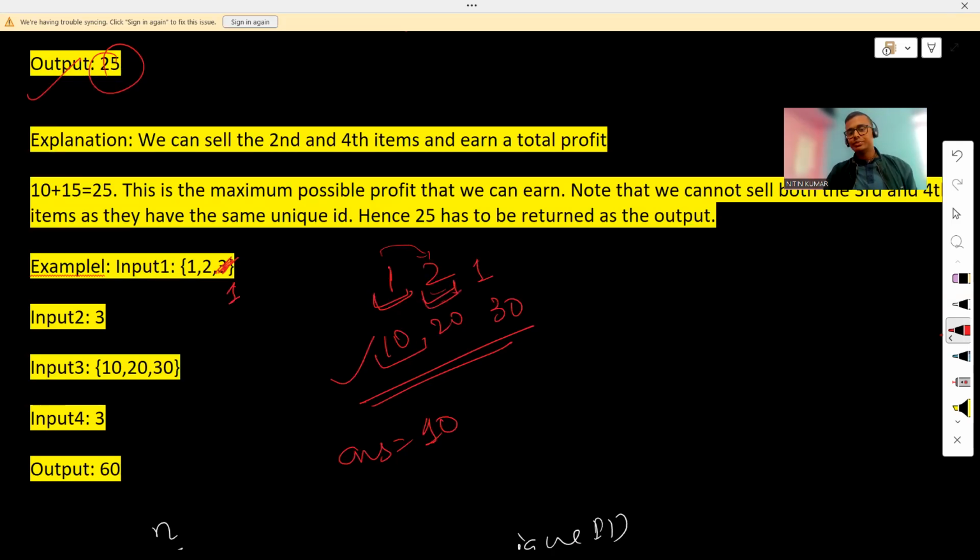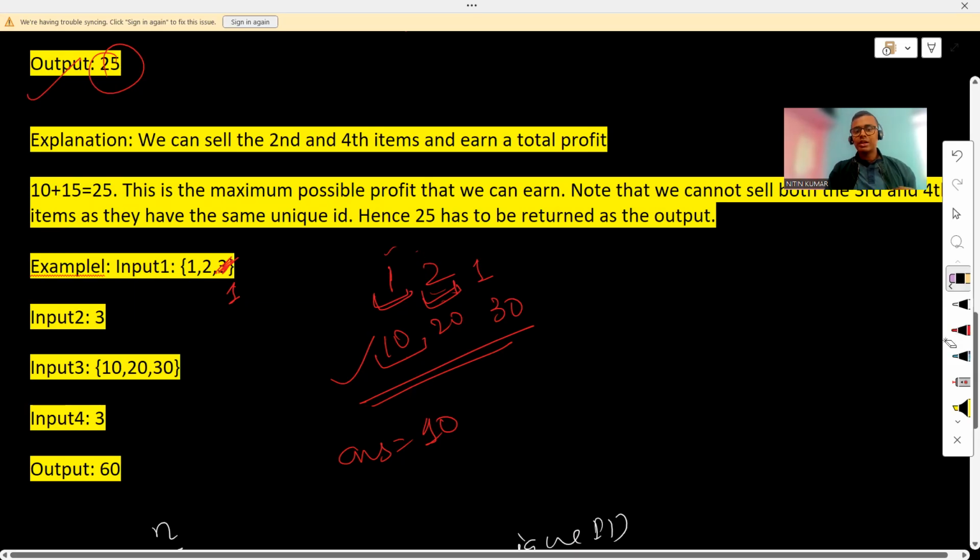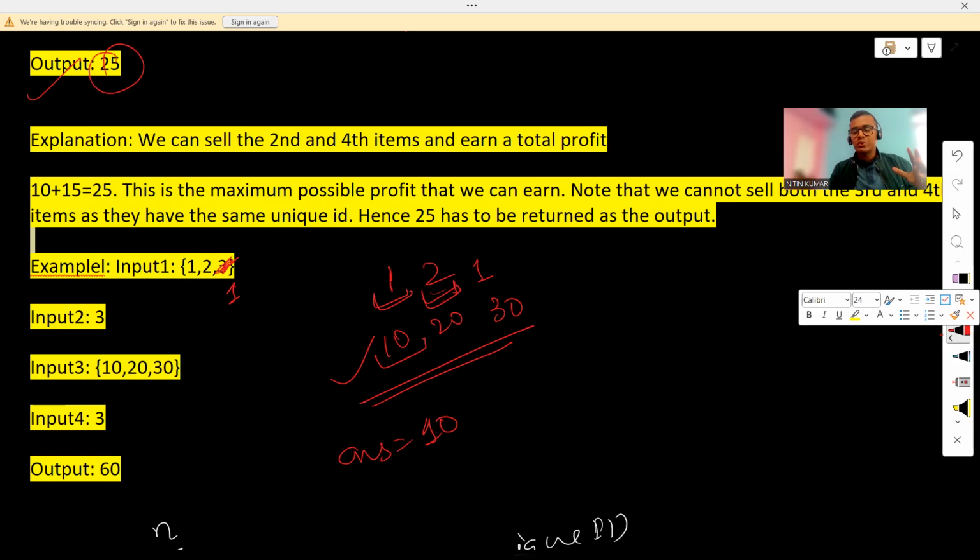Now here you can see again 2. Again the 1, and someone may have a doubt: the two 1s have occurred, this one has value 10 and this one has value 30, so why do we not sell only this one? If you have this doubt, then let me remind you that we only consider the case where we have to choose any one amongst some values when they occur consecutively.